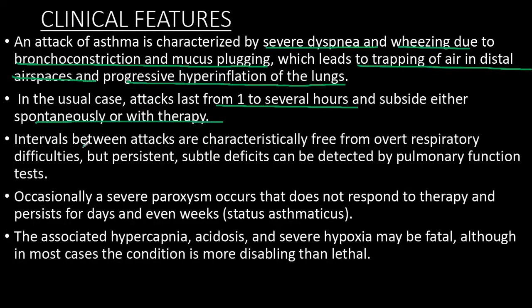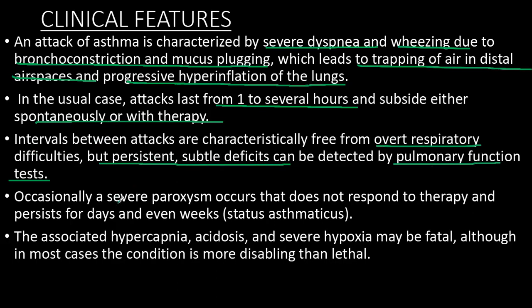The intervals between the attacks are characteristically free from overt respiratory difficulties, but persistent subtle deficits can be detected on pulmonary function tests. So these asthmatic patients have paroxysms, okay? They have attacks, but between those attacks, they are characteristically free from overt respiratory difficulties unless you do a pulmonary function test.